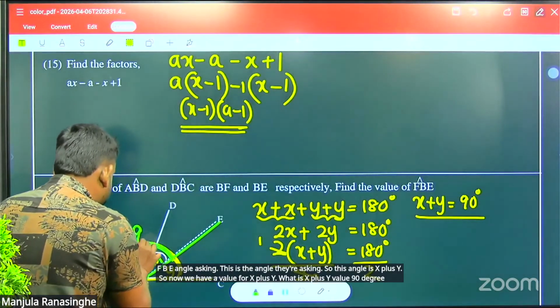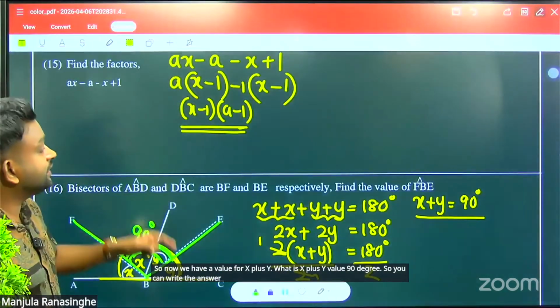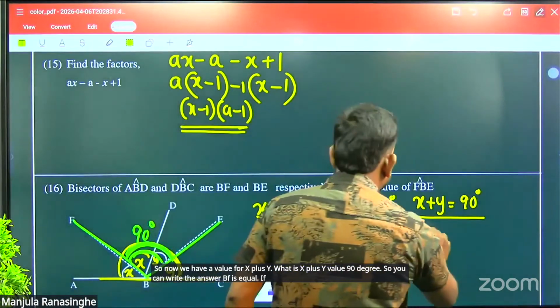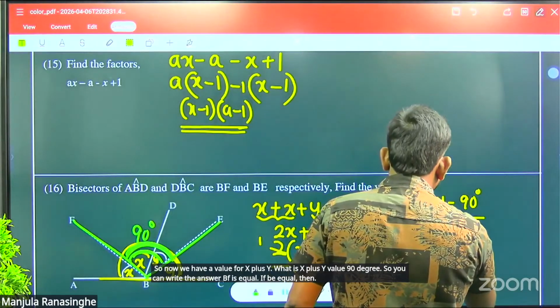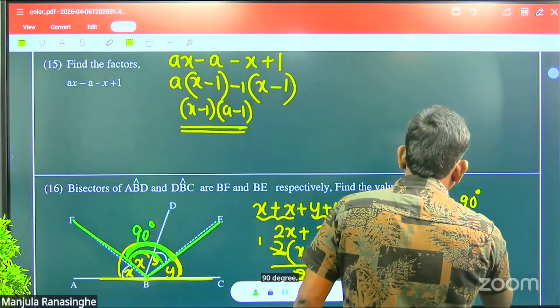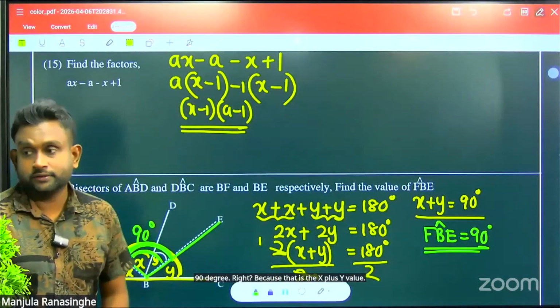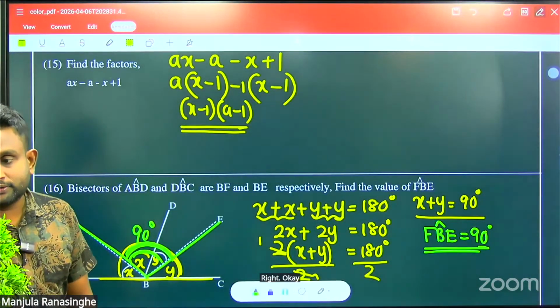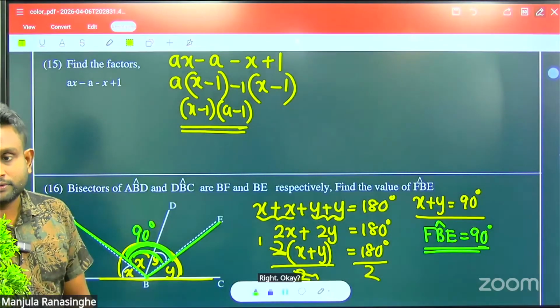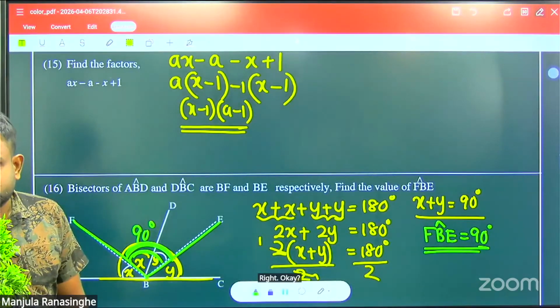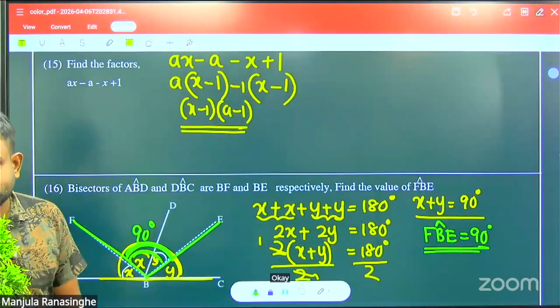So you can write the answer: FBE is equal to 90 degrees. Right? Because that is the x plus y value. Right. Okay.